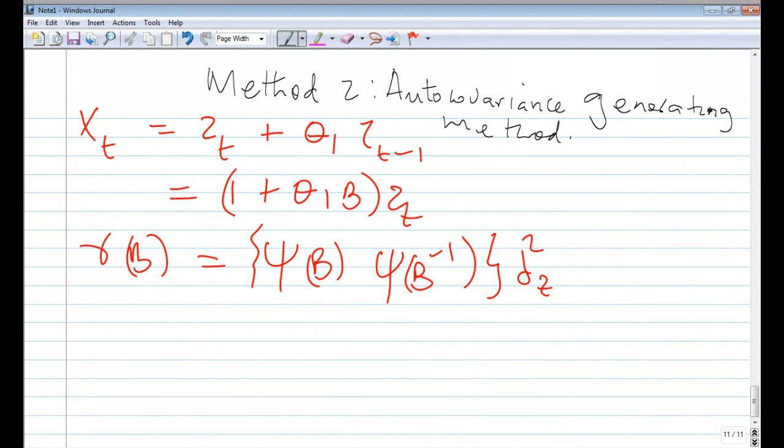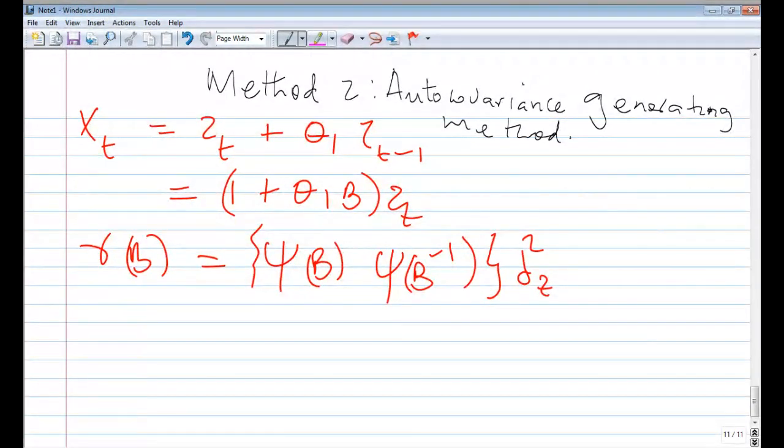Yes, so what is the name of the first method? The first method is just to calculate the autocovariances. You don't have the name for it. It's to find gamma 0, gamma 1, gamma. We don't have the name for that one. So this one is called the autocovariance generating method. If I said calculate the autocovariance functions using autocovariance generating method, you have to use the method number 2, the one that I've introduced.